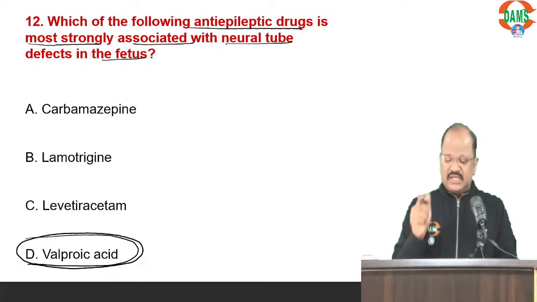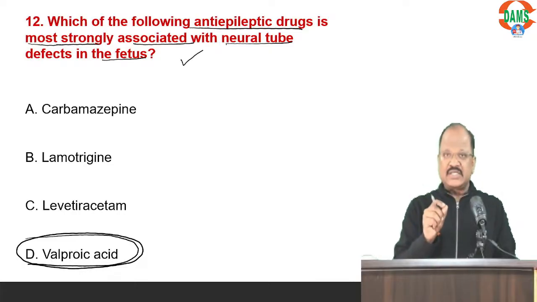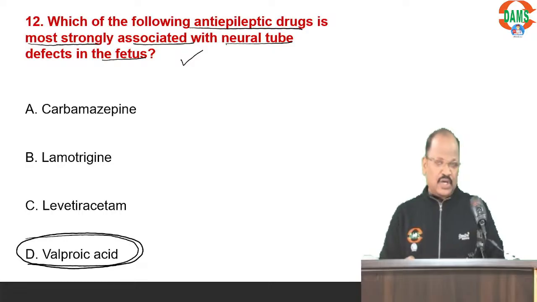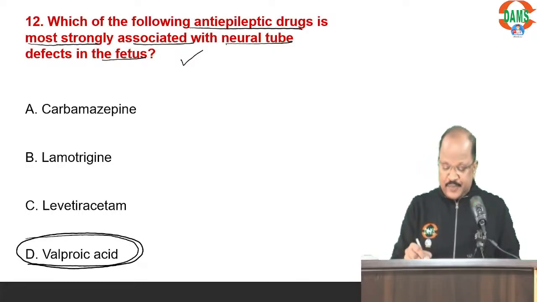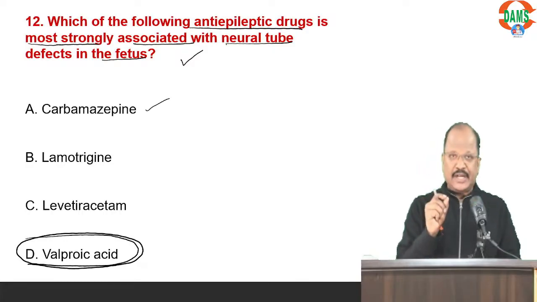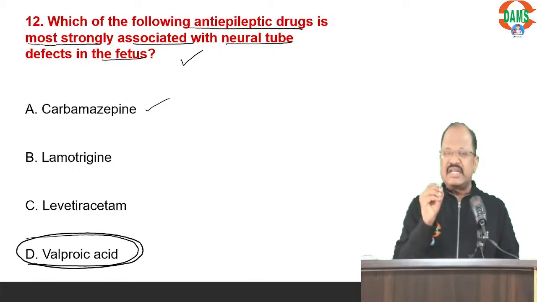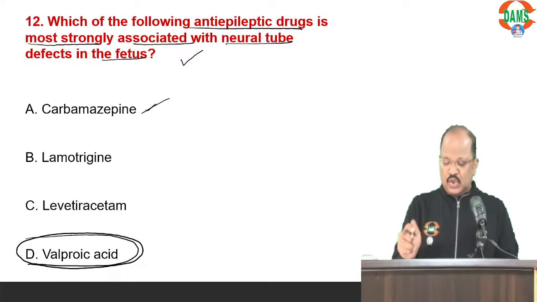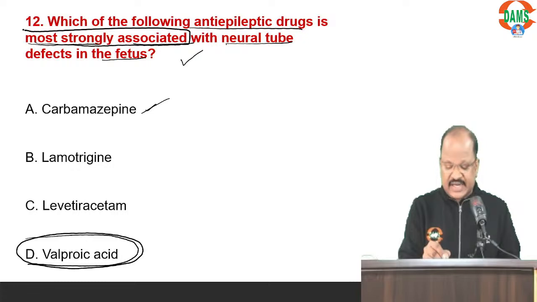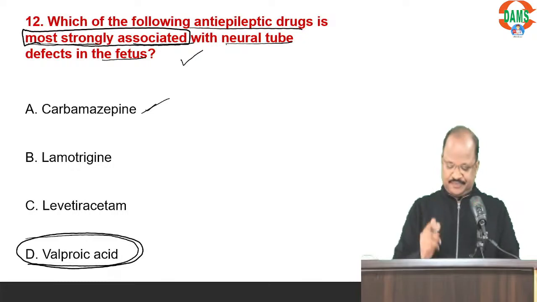It's a single response question, so the answer is valproic acid. One doubt: carbamazepine also causes teratogenicity and neural defect, but incidence-wise it is less. So for the question, 'most strongly' means the best answer is valproic acid.